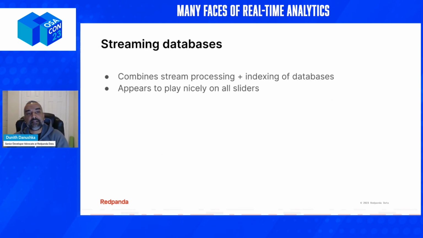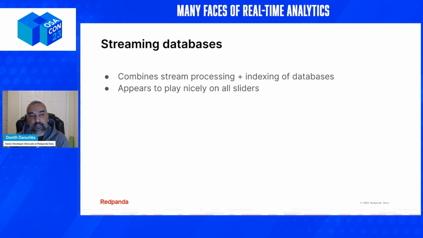And then I just wanted to highlight streaming databases, a new concept in this data domain. Basically, a streaming database is a hybrid between a stateful stream processor and a database. They have borrowed the good parts from both of these concepts, and especially these streaming databases can ingest data from streaming data sources like Kafka and Redpanda, and they also provide indexing, which is borrowed from databases.